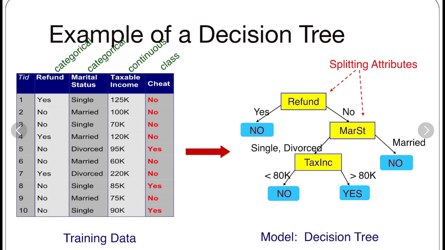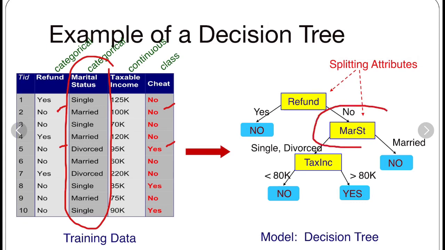So for example, it can be no, but sometimes it is no and it can be yes. So we can deduce that the class needs to depend on another attribute now. Therefore, we will expand the tree by adding another attribute.